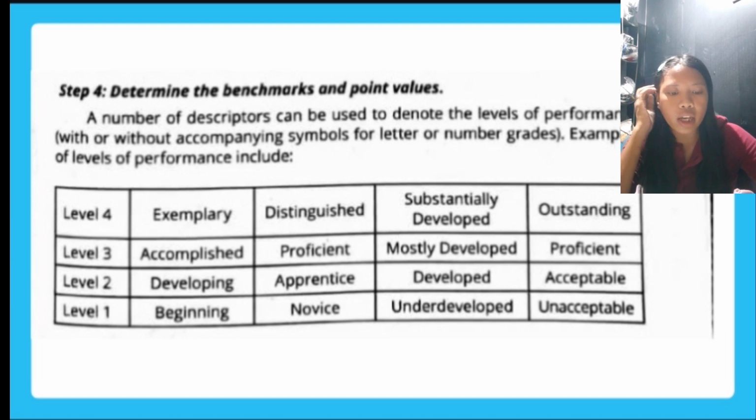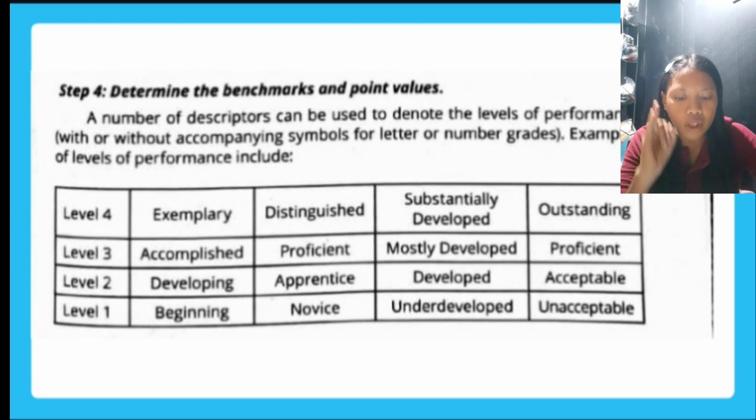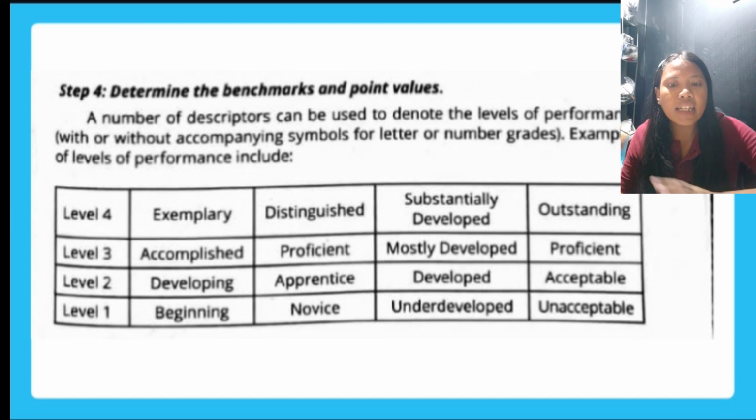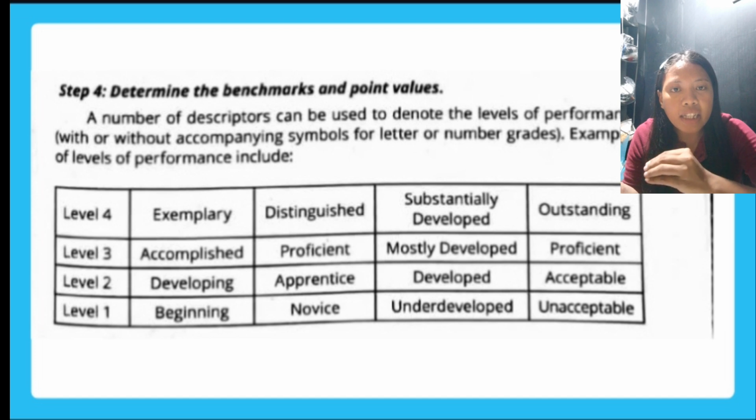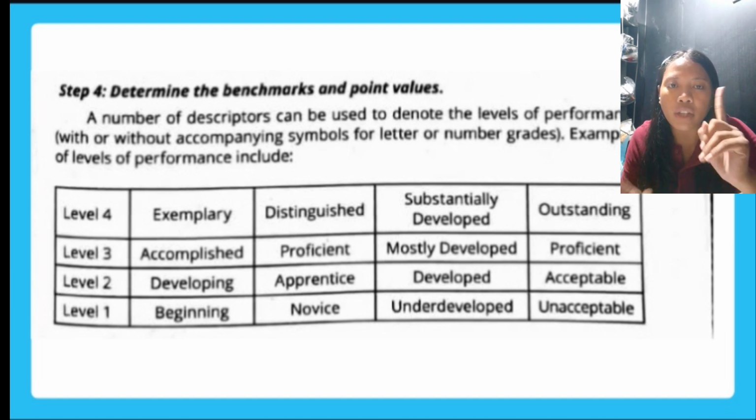We will now move on to level 3, and its common labels are accomplished, proficient, mostly developed, and proficient again. At level 3, the analysis is complete, and it uses appropriate methods and links findings to the question with only minor gaps. So that's the level 3.